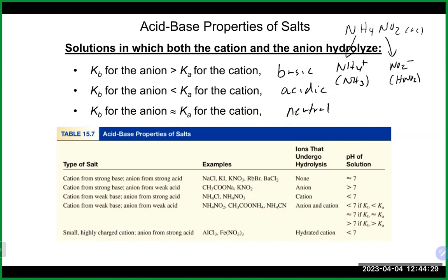So if you happen to have both parts of a salt going through hydrolysis, you want to compare the correct Ka to the Kb values. And then again, whichever one's larger, if the Ka is larger, just do a Ka type problem, an acid problem. And if the Kb is larger, you would do a Kb or a base type problem for it. If they're equal to each other, then it would be neutral. So here's a table. You have a similar one in your book that kind of explains what we just talked about.